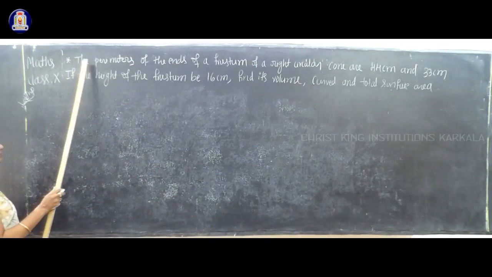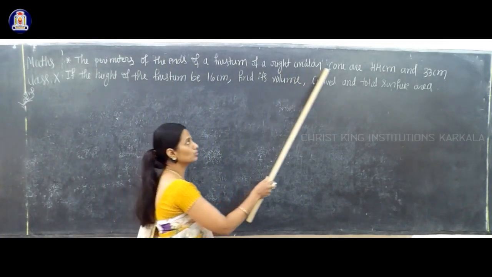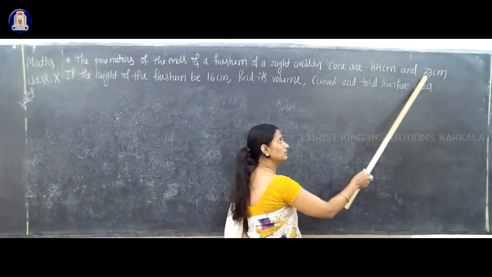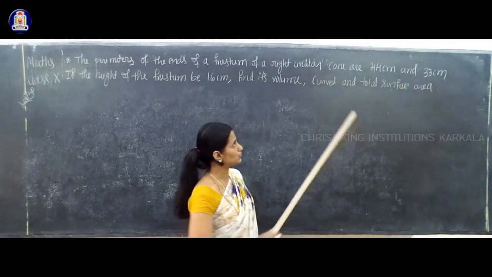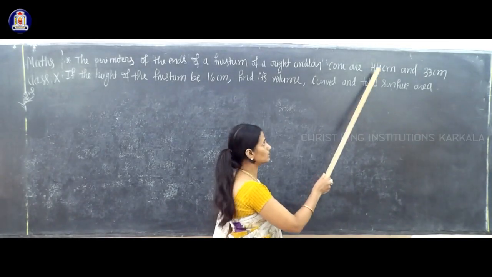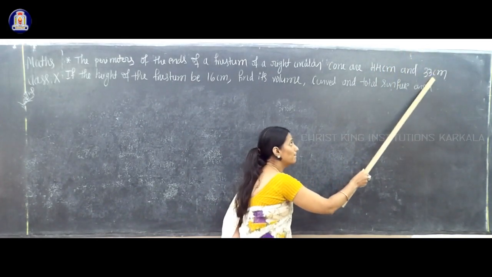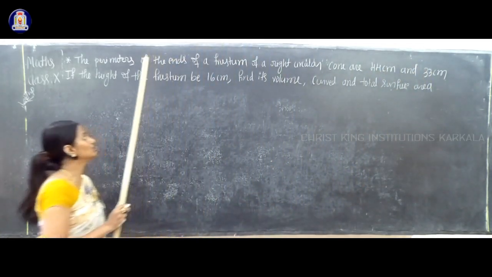Next question. The perimeters of the ends of a frustum of a right circular cone are 44 centimeter and 33 centimeter. So P1 is equal to 44 centimeter and P2 is equal to 33 centimeter.